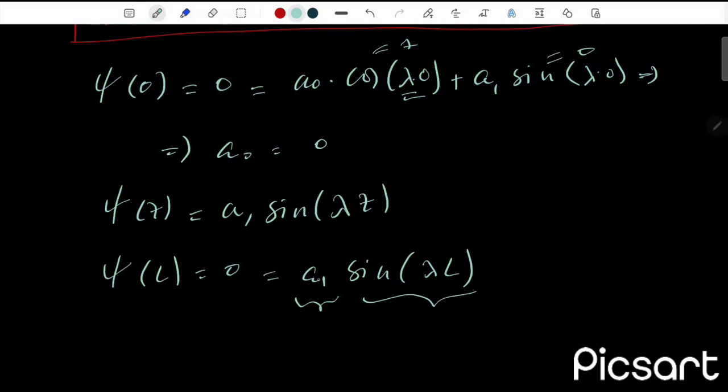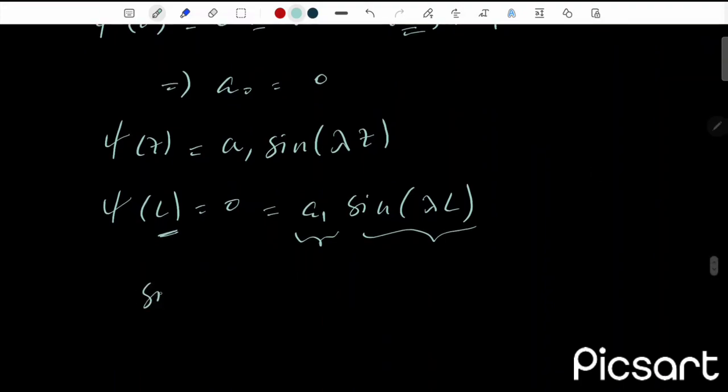If a1 is equal to 0, psi will be equal to 0 every time, but this is not the case that we need here, and we must guarantee that only sine of lambda times L is equal to 0 in this situation.